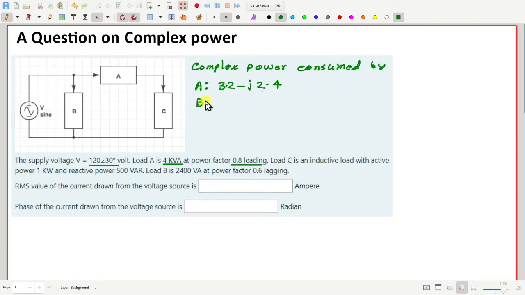Similarly, let's consider load B. Load B is a 2.4 kVA load with power factor 0.6 lagging.